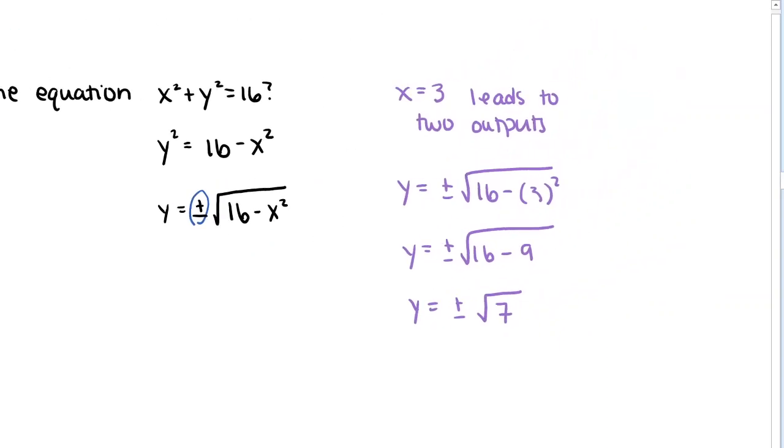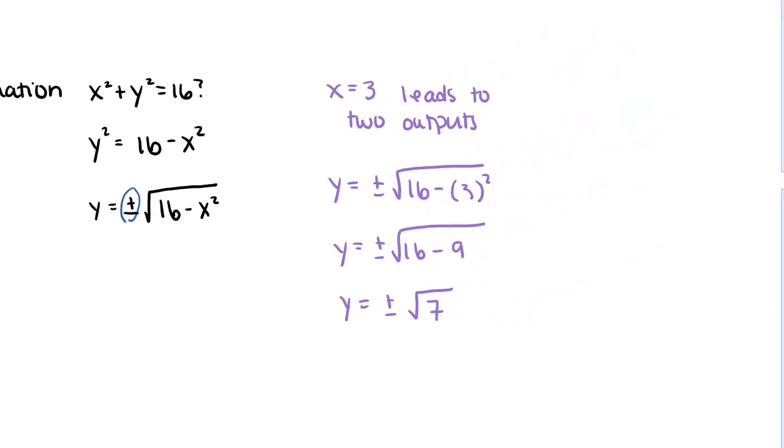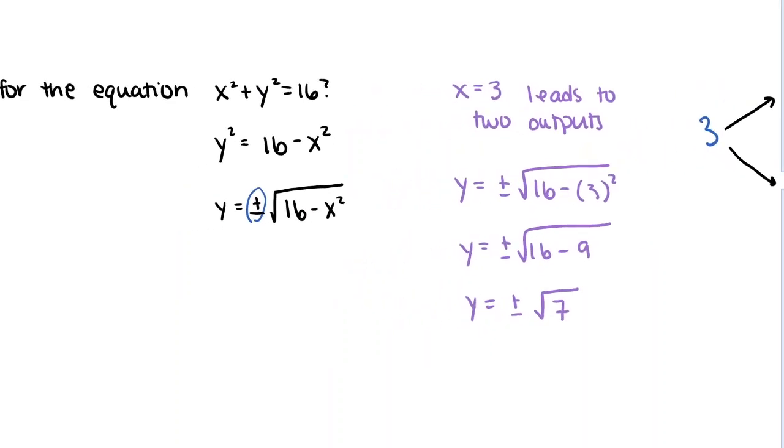So this input of 3 leads to one output of positive square root of 7, but it also leads to another output of negative square root of 7. And so this is telling us that our relation, our equation here, is not a function.